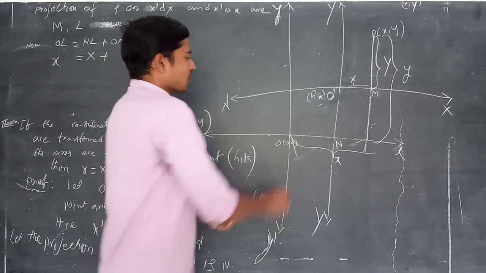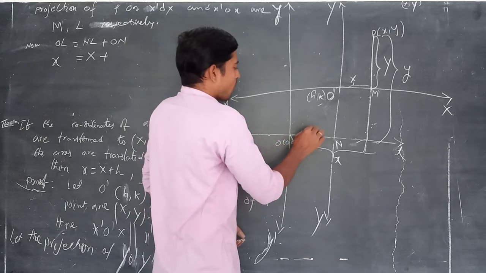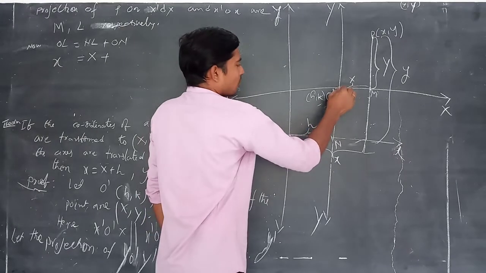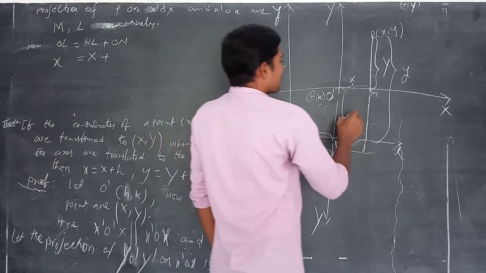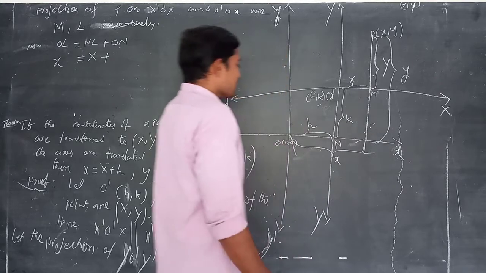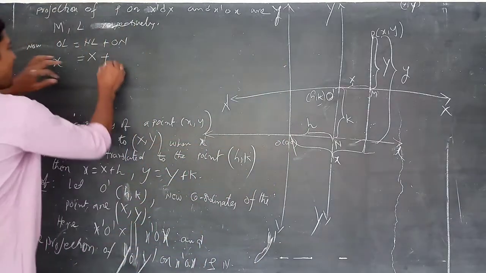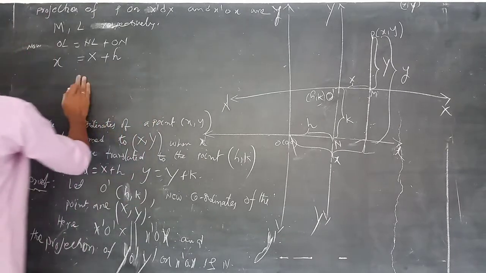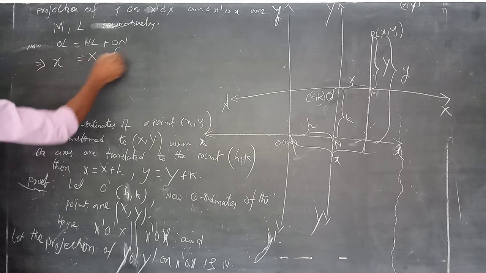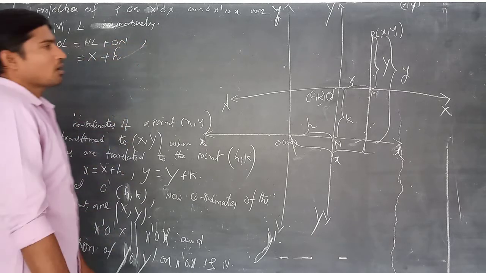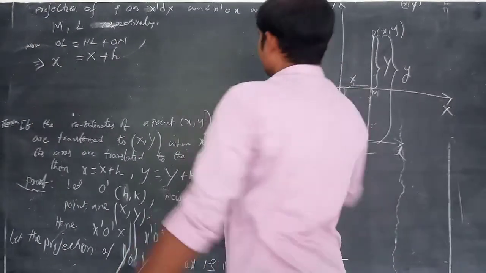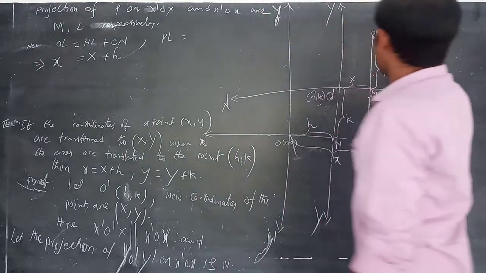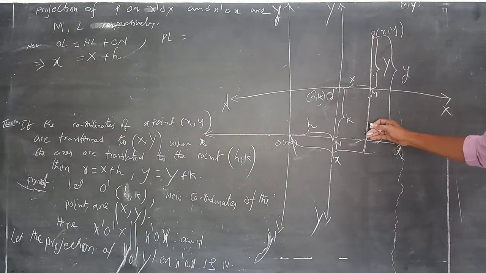Now see here, ON equal to H and O dash N equal to K. Then ON is equal to H. Now PL equal to PM plus ML.